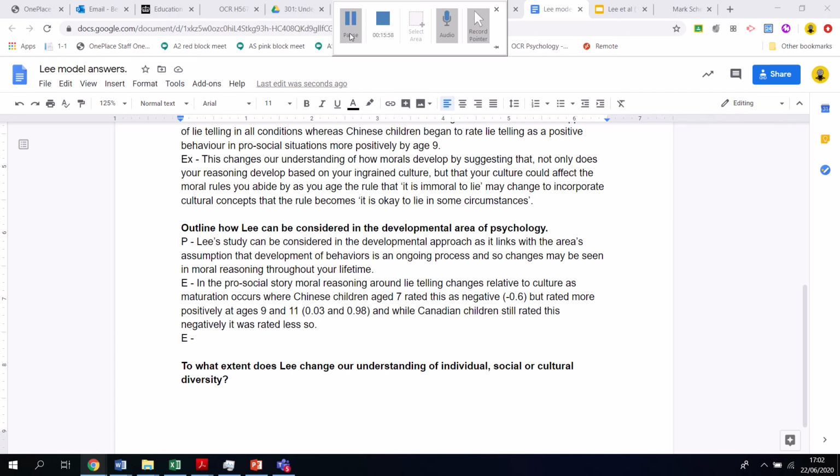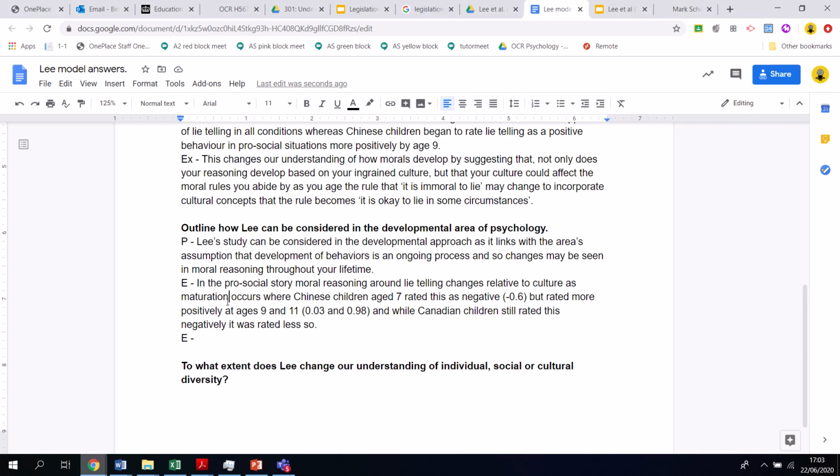I'm saying that in the pro-social story, moral reasoning around lie-telling changes relative to culture as maturation occurs, where children aged 7 rated this as a negative behaviour, but rated more positively at ages 9 and 11. And again, I've given the figures there. And while Canadian children still rated this negatively, it was rated less so. So I've given some findings there.